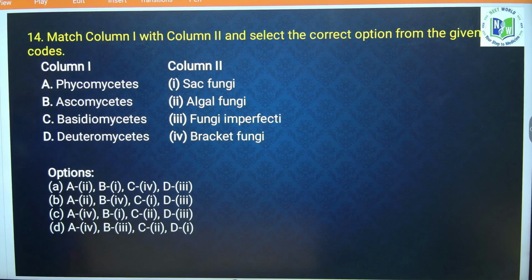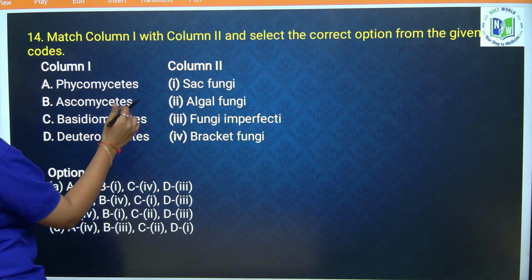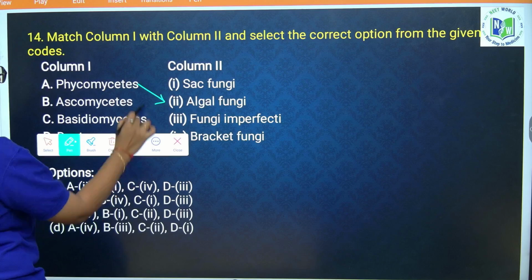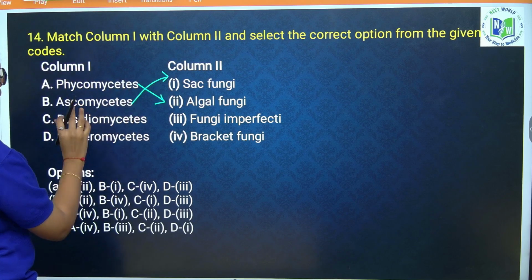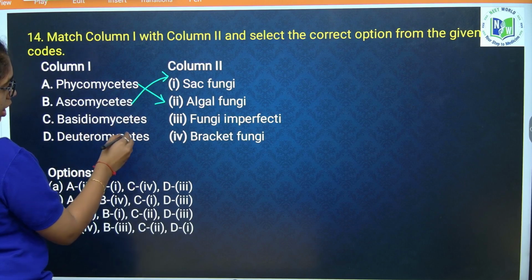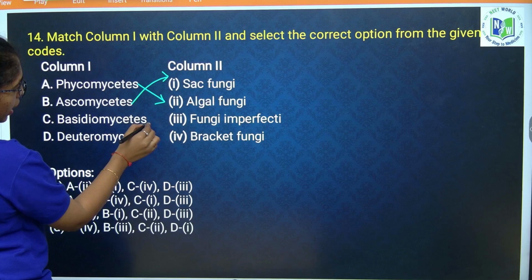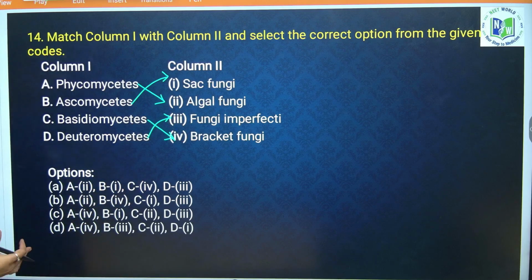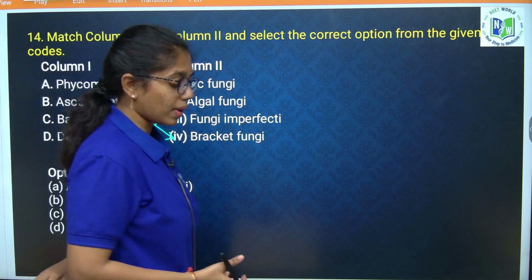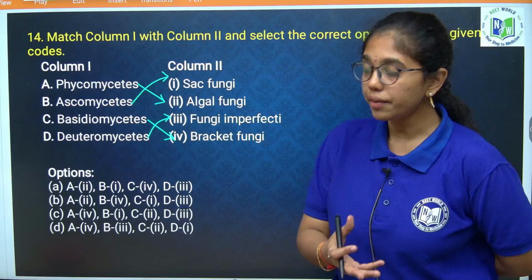Next, match the following, column 1 and 2, wherein Phycomycetes is also called algal fungi, Ascomycetes is also known as sac fungi, Basidiomycetes is said to be bracket fungi and Deuteromycetes fungi imperfecti because no fungi which belongs to the class Deuteromycetes conducts sexual reproduction.